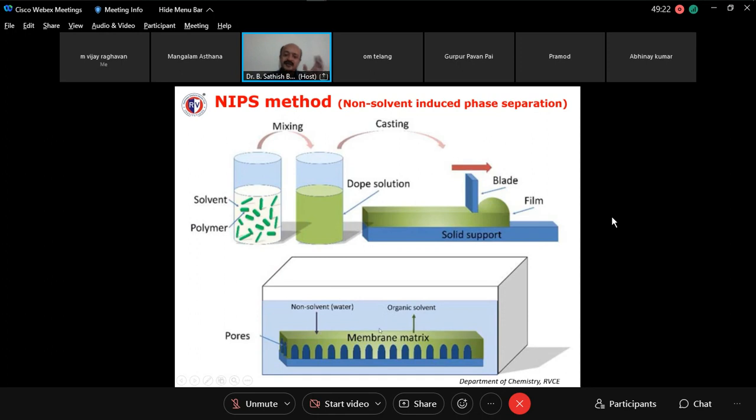Okay, and this is the efficient method for the manufacture of your polymeric membranes, which are used in membrane technology for water purification. So this is a very simple technique, economic compared to other techniques. In vapor phase technique and all, you have to heat the polymeric membrane. Sometimes the polymeric membrane may undergo decomposition.